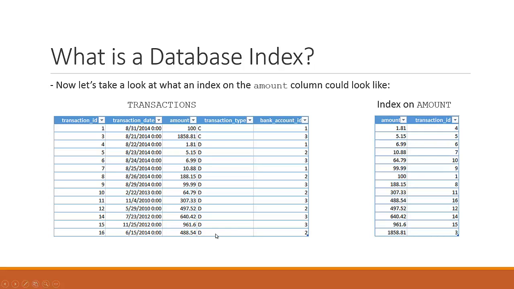But since we have an index, now it needs to go and update the index on the amount column because we've inserted a row with obviously some data in the amount field. So now we need to insert the $250 value somewhere inside of our index. So there's extra work that's required to figure out where that extra row needs to go inside of the index on the amount column.